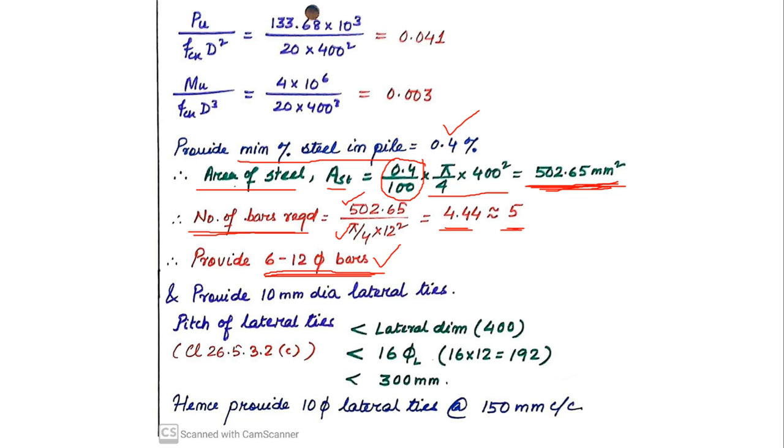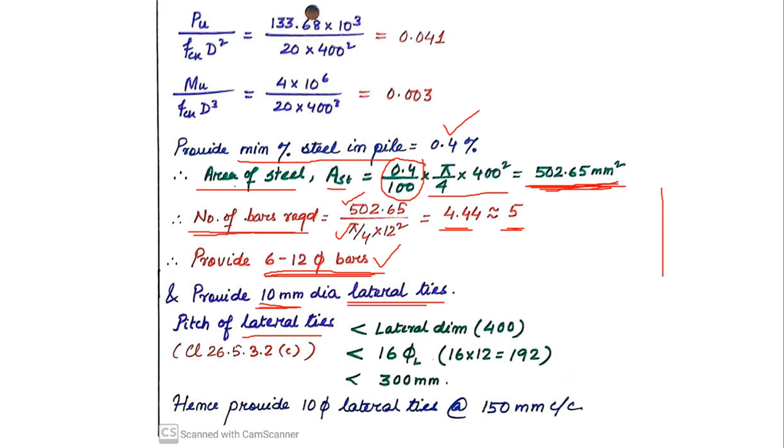Now the longitudinal reinforcement needs to be tied, right? So I need to provide lateral ties. These are the tie bars. I decided that I will be providing 10 mm dia mild steel bars, but I need to fix the pitch of the lateral ties. Now what is pitch?